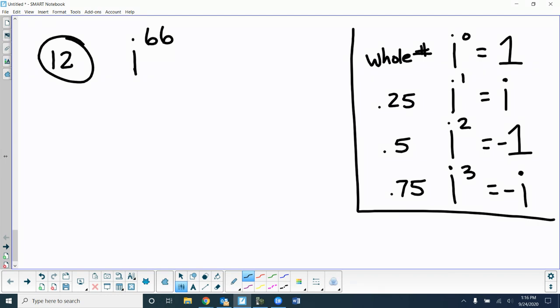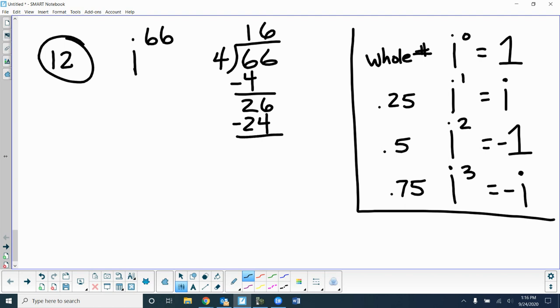Okay? So when I go 66 divided by 4, I'll do it the old-fashioned way because I'm an old man. 6 divided by 4 is 1. 1 times 4 is 4. When I subtract, the remainder is 2, but I'm not finished. You got to bring down the other 6. Now I go 26 divided by 4 is 6 because 6 times 4 is 24, and the remainder is 2. That's what I'm looking for.